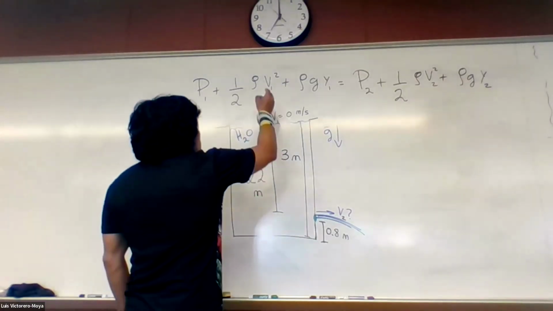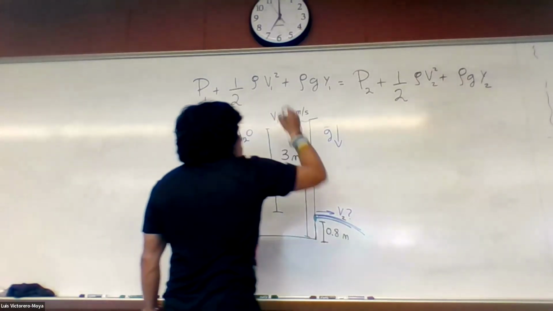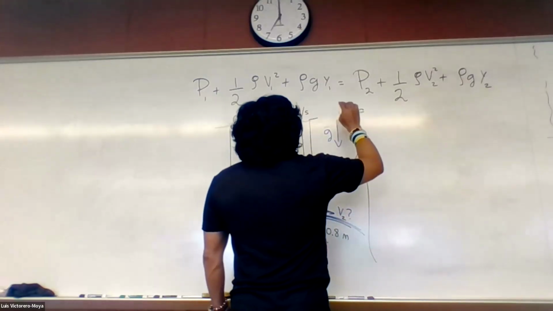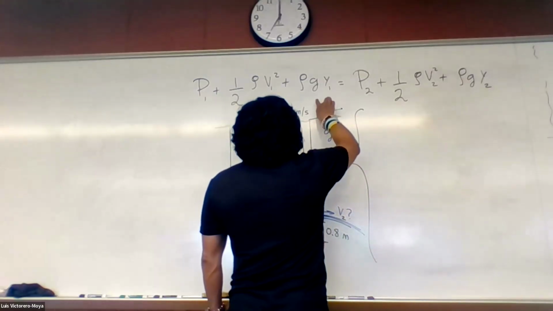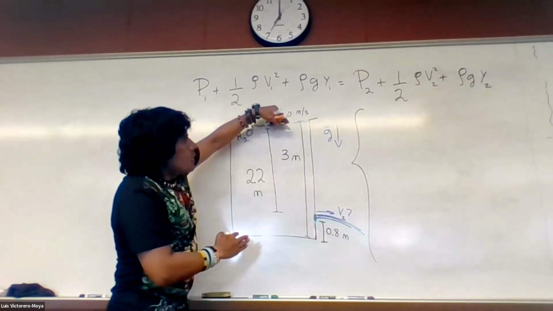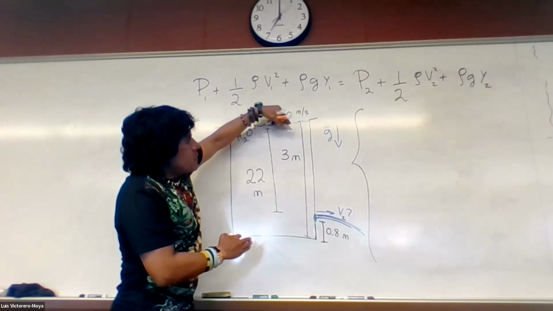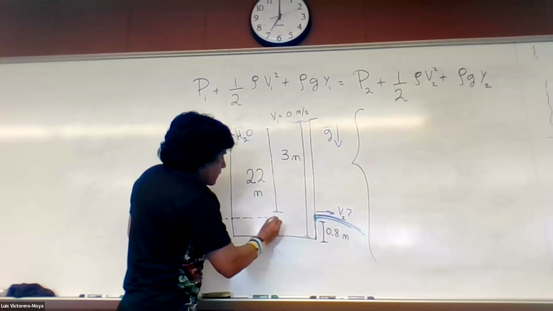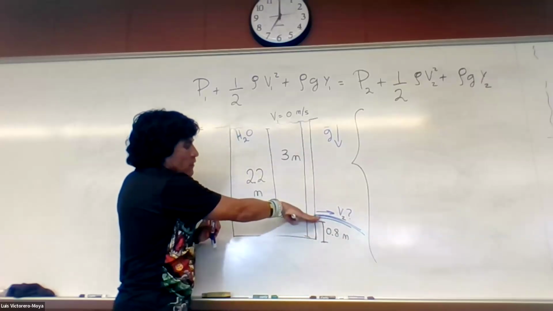So Y1 is 2.2, and if I make this my reference, Y2 is 0.